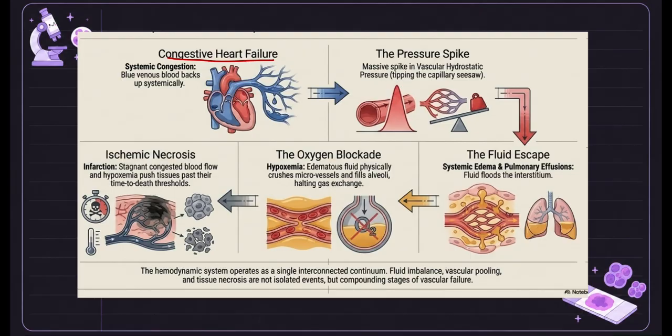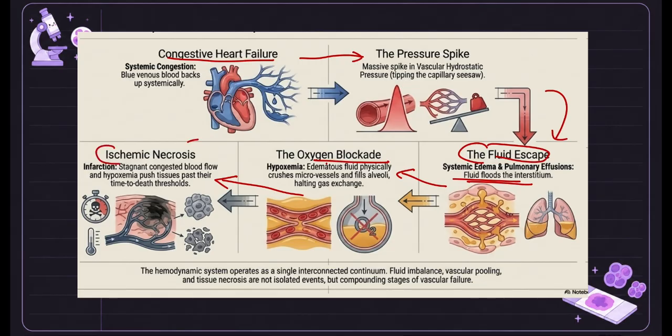This causes a massive, immediate pressure spike, completely tipping that delicate vascular seesaw. This forces a rapid fluid escape. It severely floods the lungs with pulmonary effusions. This fluid physically creates a total oxygen blockade, completely halting all gas exchange. Ultimately, the stagnant, congested blood flow and the profound hypoxemia push the tissues completely past their time to death thresholds. The absolute final result is total ischemic necrosis.